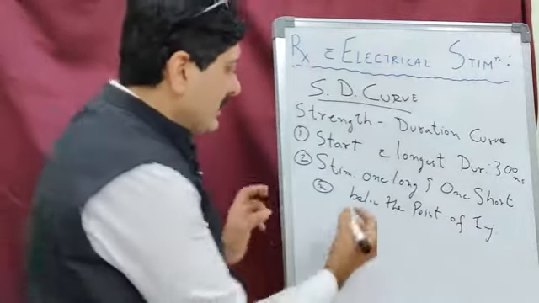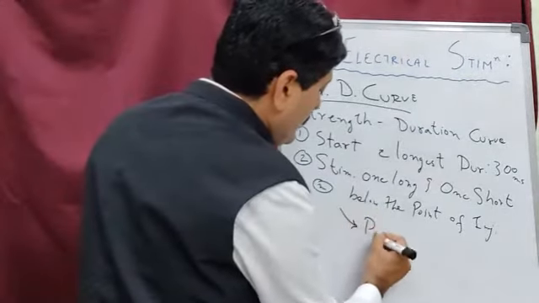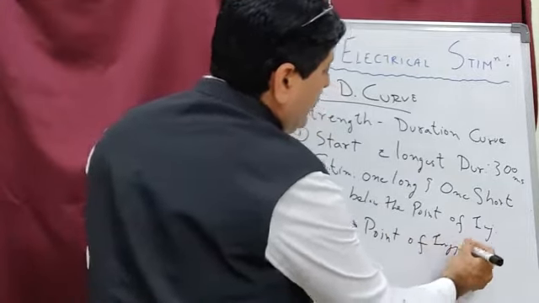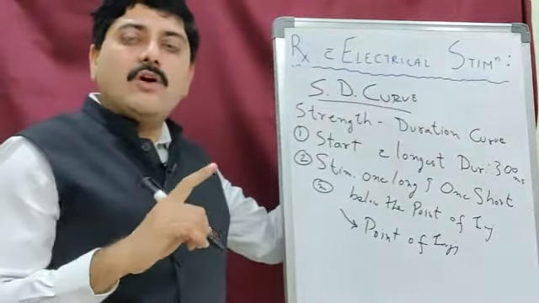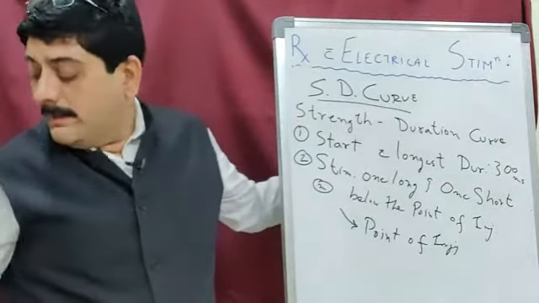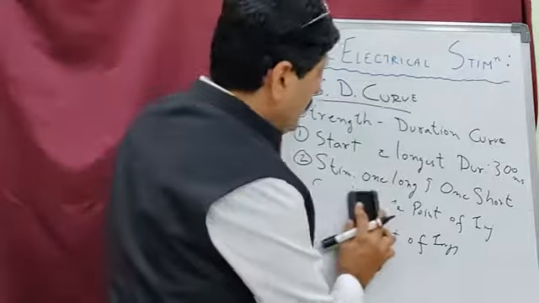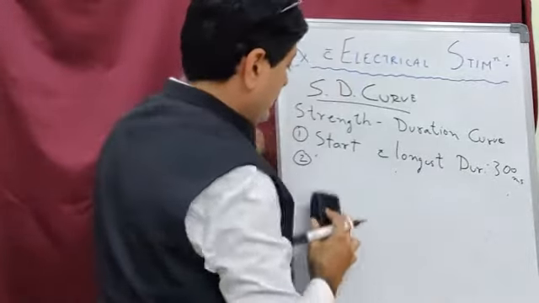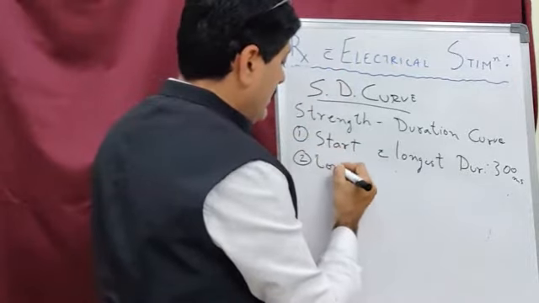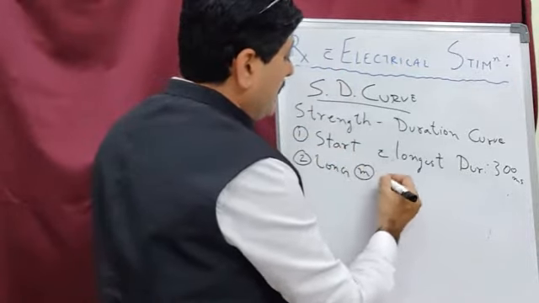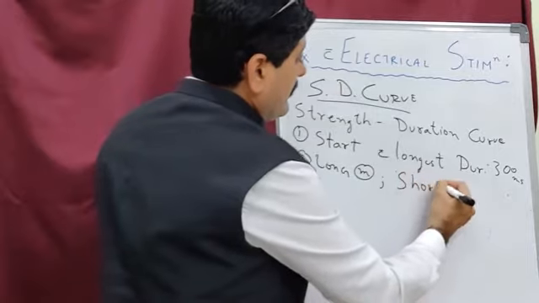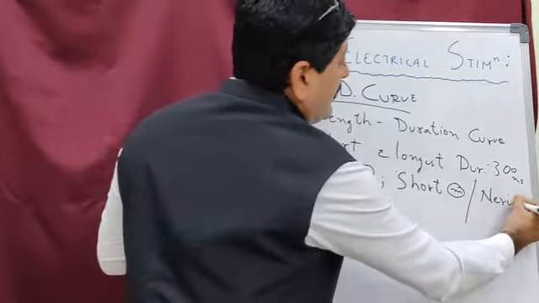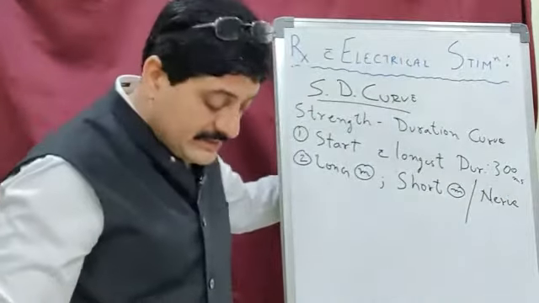So to find out the point of injury, we are stimulating one long muscle and one short muscle per nerve. So this you have to remember, that you are going to stimulate one long muscle and one short muscle per nerve whenever you are going for strength duration curve.